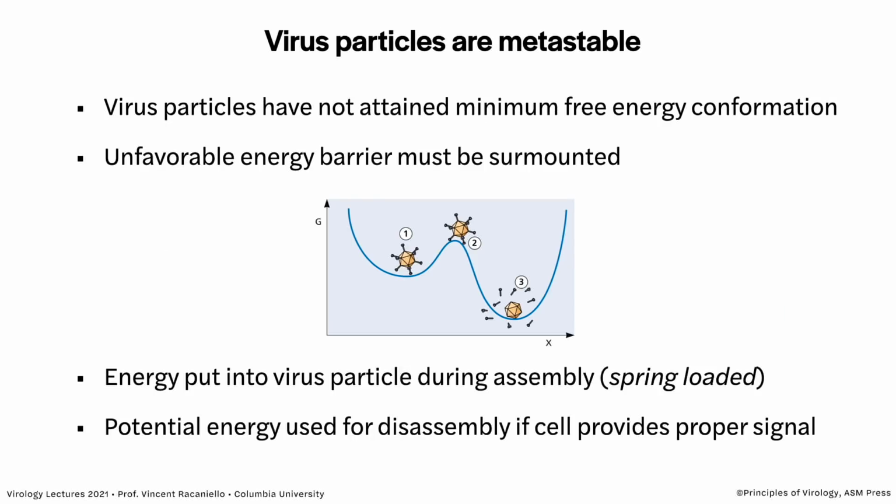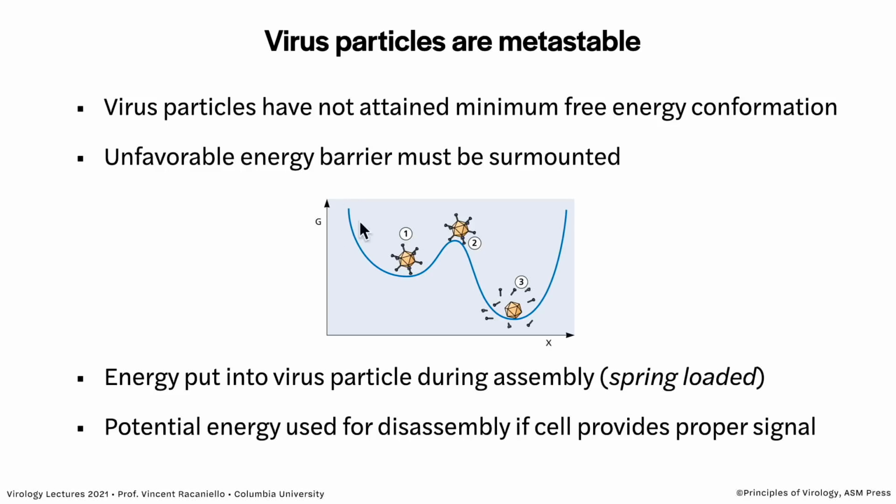And a little more definition of what we mean by metastability. Virus particles have not attained a minimum free energy conformation in order to be unstable. So they exist in a high energy state. And in order to get to the minimum free energy conformation, they have to surmount an unfavorable energy barrier.